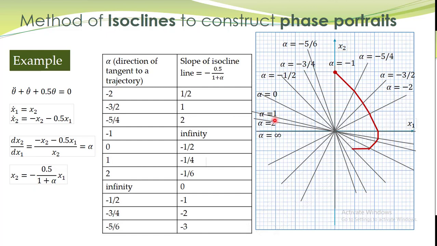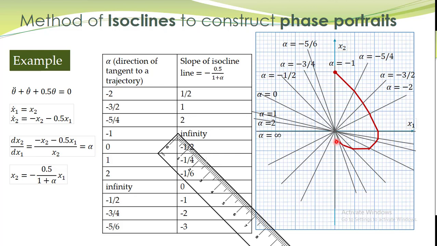Proceed it further. So on this isocline, where is slope of trajectories? Alpha is equal to 0. We have drawn a horizontal line, and then we have proceeded it further.